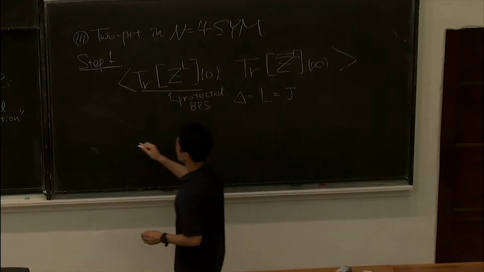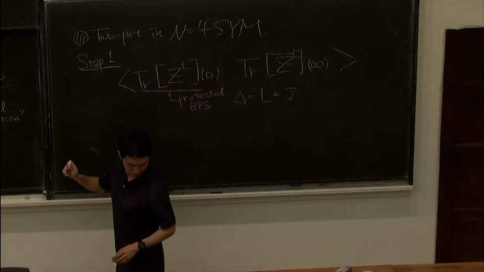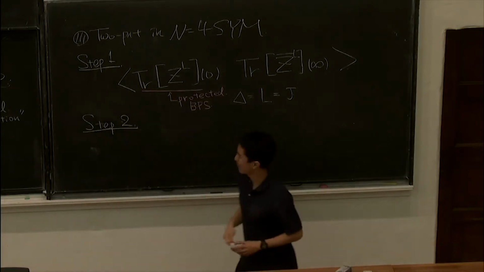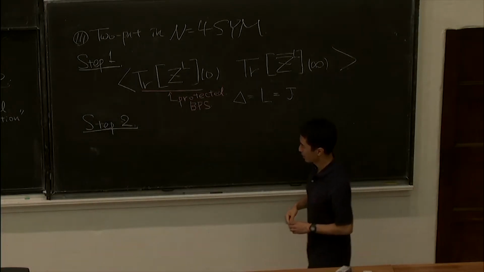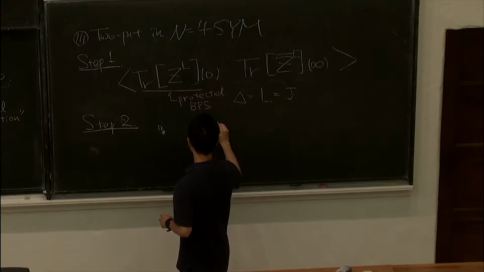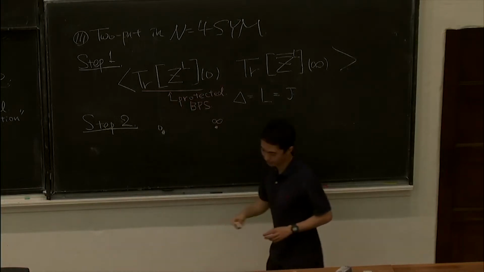So then step 2 is to ask what the little group is, or the stabilizer of this configuration. Let's first talk about the space-time part, the conformal group part of the stabilizer, which was actually already discussed in Peter's lecture.